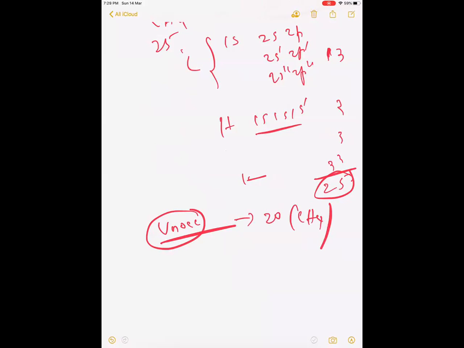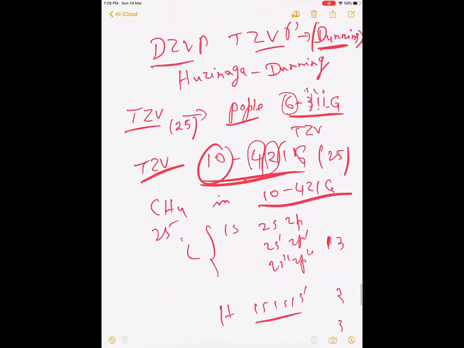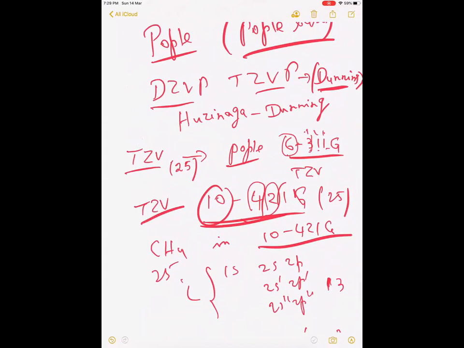I hope all of you are understanding what I'm saying. This number game is very simple, but people get fooled by these numbers and unnecessarily start to compute 10-4-2. That is only for the quality of the atomic orbitals. But the number of atomic orbitals is determined by the number of entries to the right of the separator and the left of the separator.